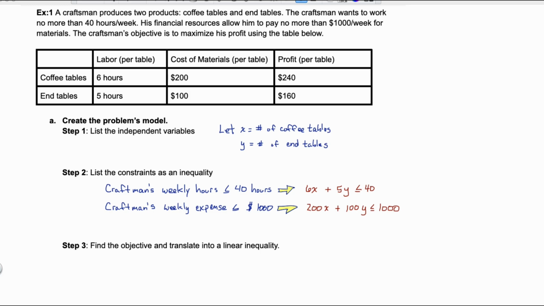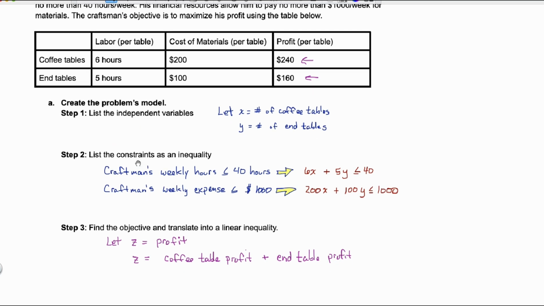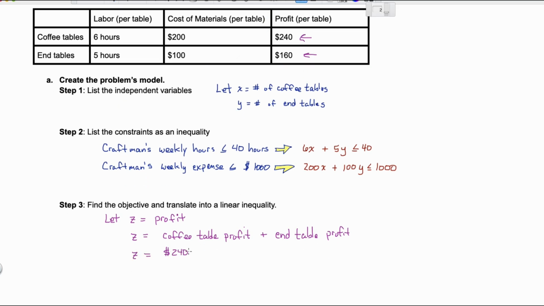So lastly, our objective is to maximize some sort of profit. And profit's going to be based on coffee table profit plus end table profit. So we're going to make $240 times x plus $160 times y for our profit.